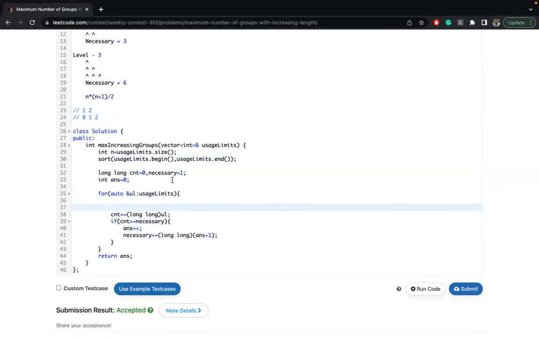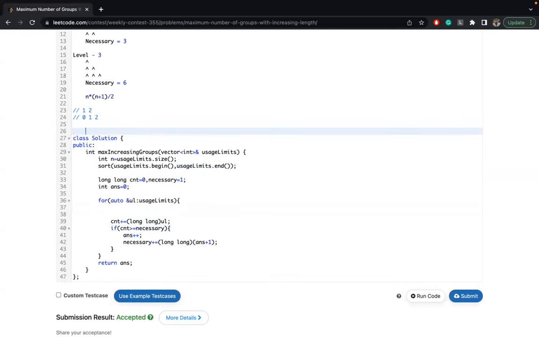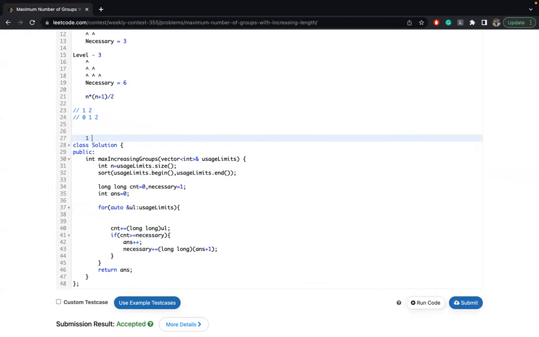So if we are traversing for 1, 2, 3, 4, right? You can see it has usage limits of 2, usage limits of 3, usage limits of 4. If I'm traversing this way and I am at this point, then everything before it has lesser count, right?